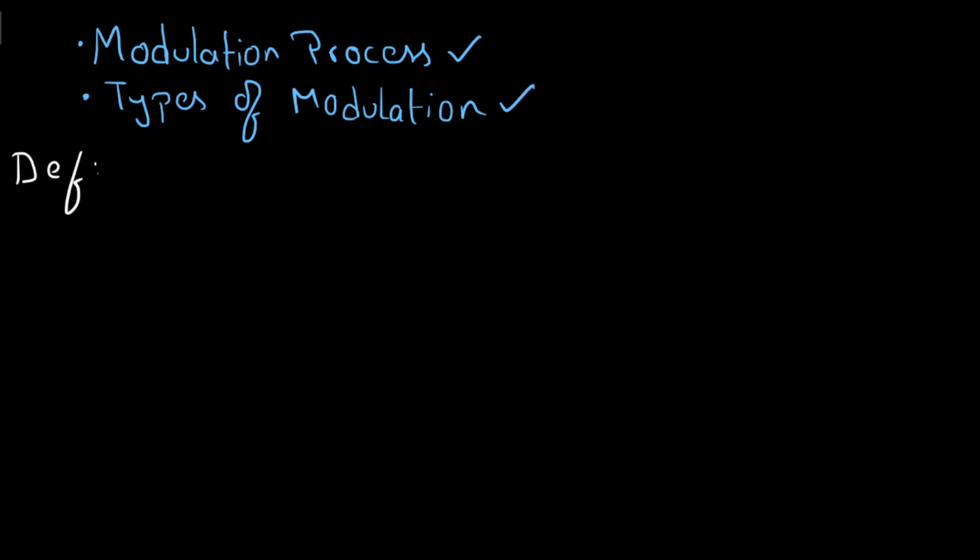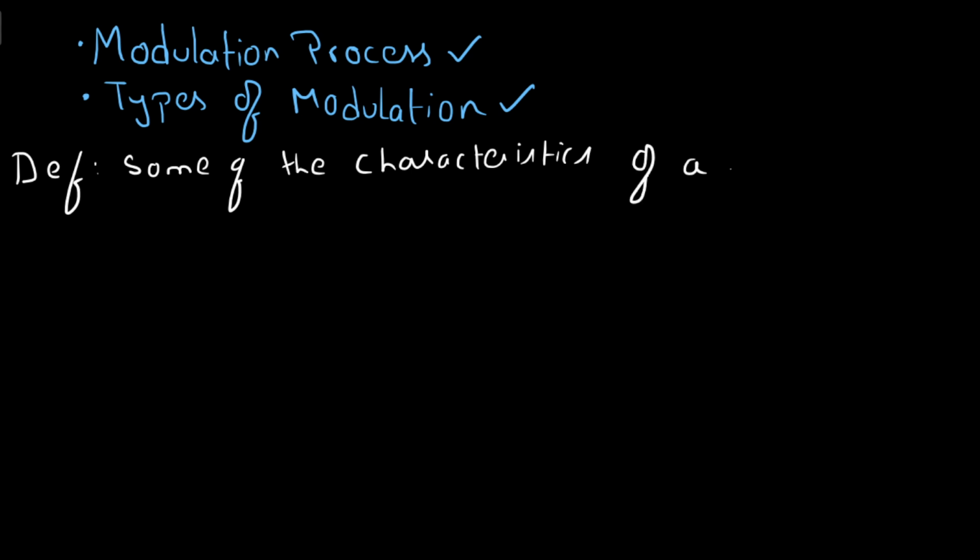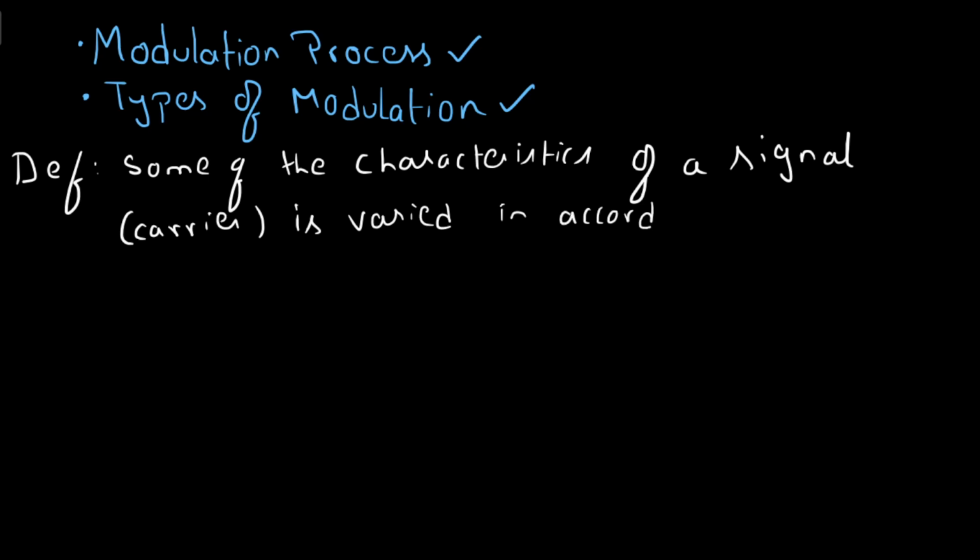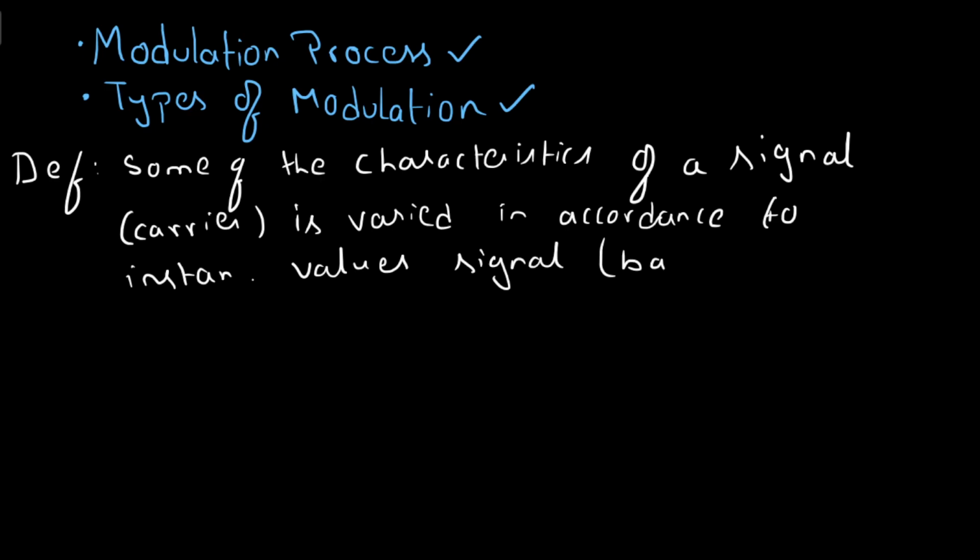So here it is defined as: some of the characteristics of a signal which is named as a carrier is varied in accordance to the instantaneous values of a signal which is named as a baseband signal.